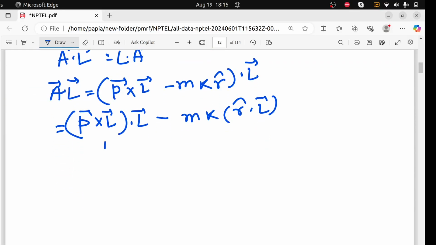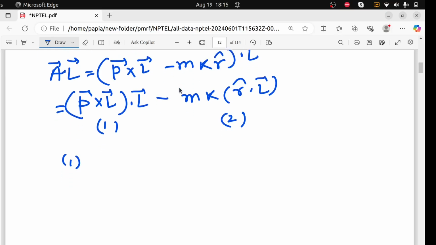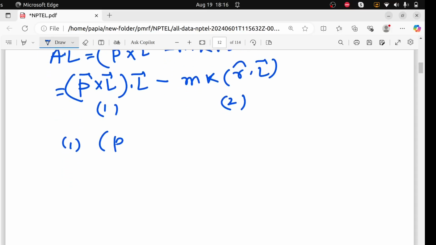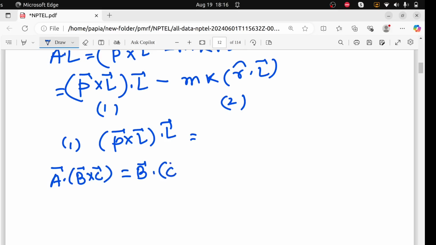Now let's say I am writing here this one first, this one second. So the first one is P cross L dot L. To have the answer I can just tell you one thing: A dot B cross C equals B dot C cross A equals C dot A cross B.